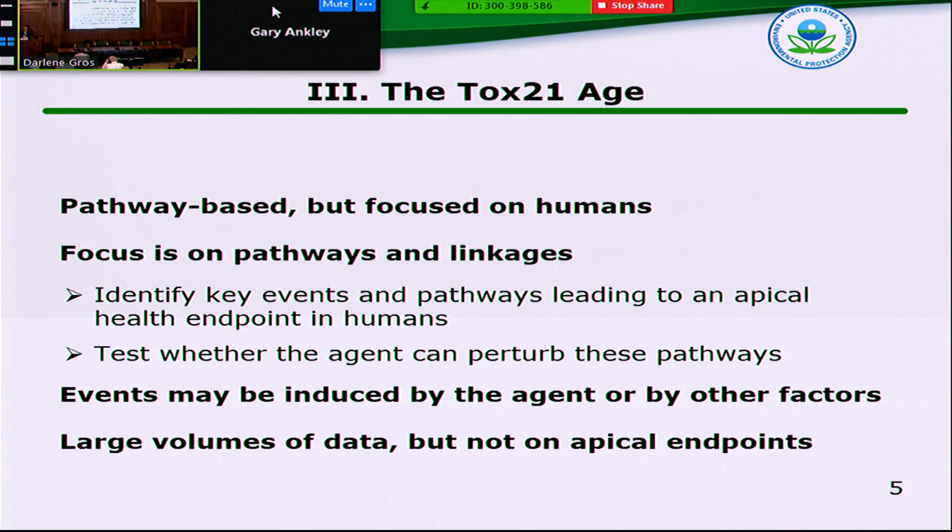So something does not need to be a complete carcinogen, but it could affect one or more key steps in the carcinogenesis process, and in that case, increase the incidence of human cancer, even though it doesn't do everything along a pathway. And we are getting large volumes of data on various intermediate steps, markers, processes, but less and less, as Martin's talk started with, on apical endpoints.